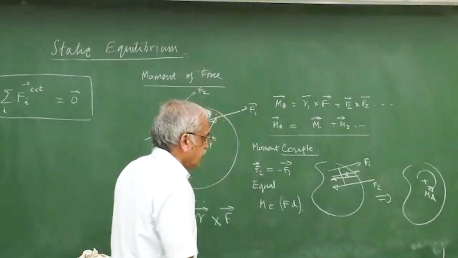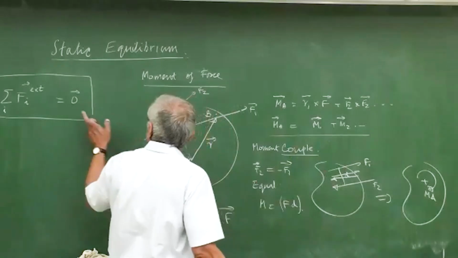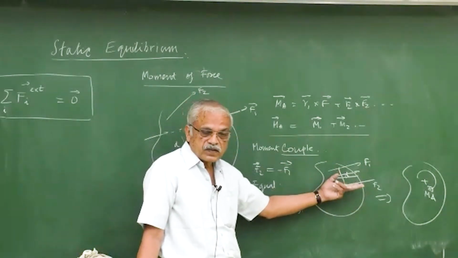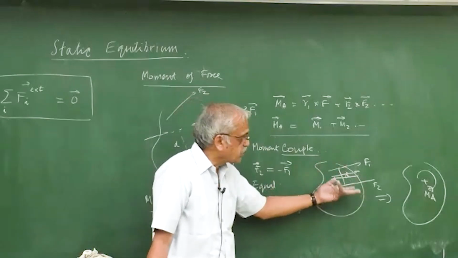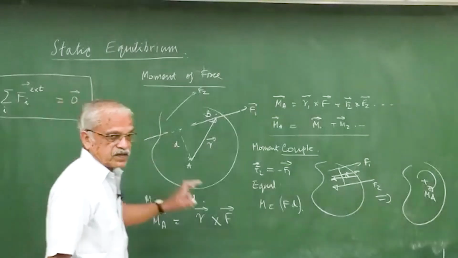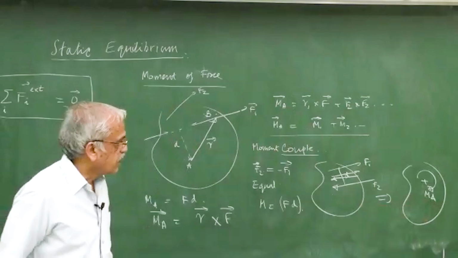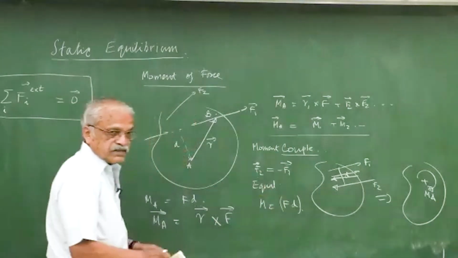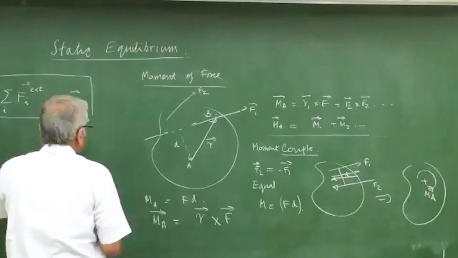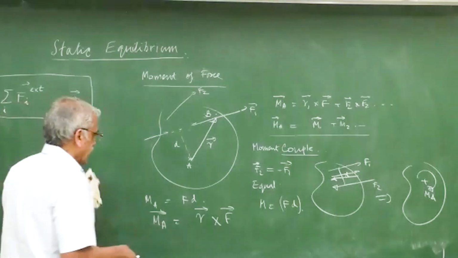If you add them vectorially, it will turn out to be 0, so obviously they will not enter this equation. However, when we use an equation like this one, that will enter as a couple. So these are some of the things which you have to keep in mind.